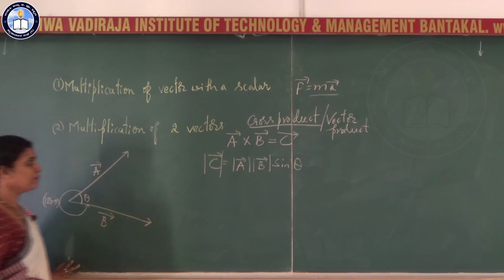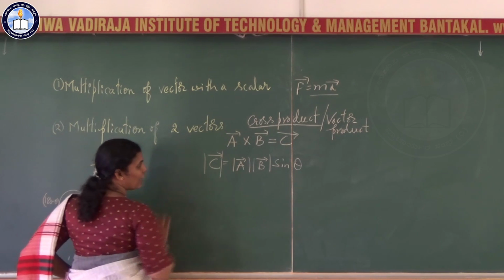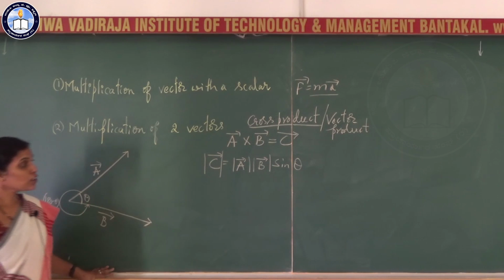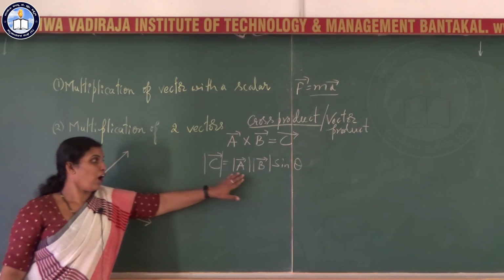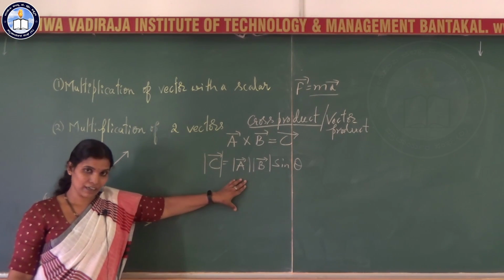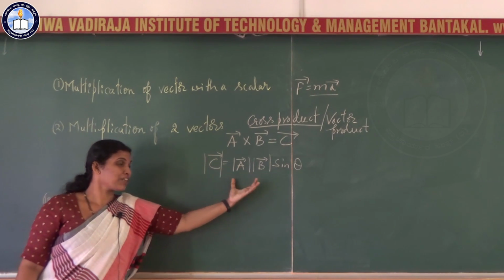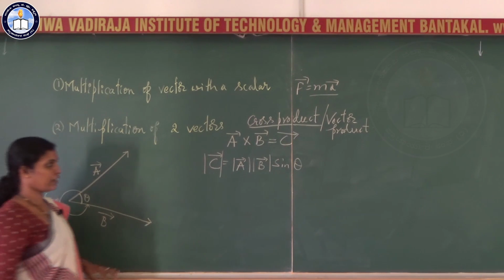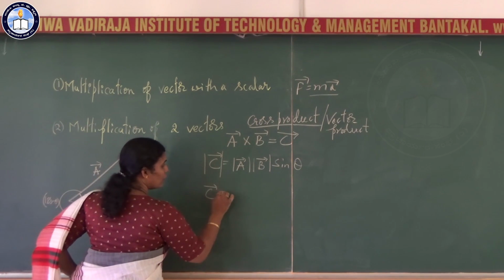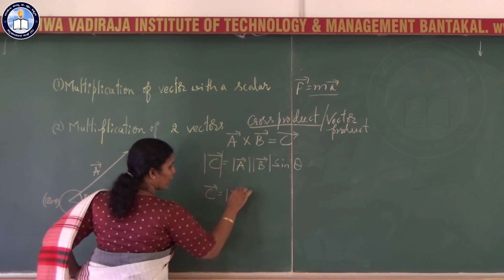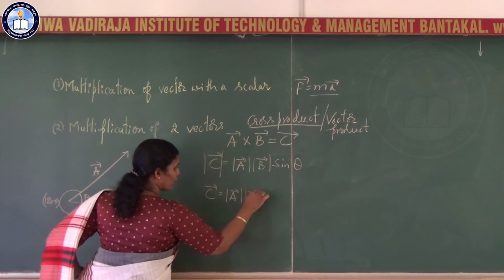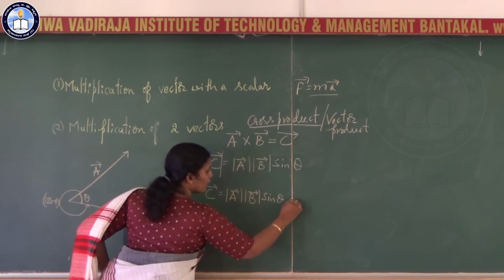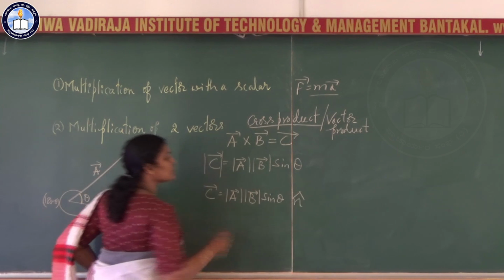Now, as I have told you, the answer is again a vector quantity. So, along with the representation of its magnitude, you also have to represent its direction. So, what is C vector? C vector equals magnitude of A vector into magnitude of B vector into sin theta into n cap.